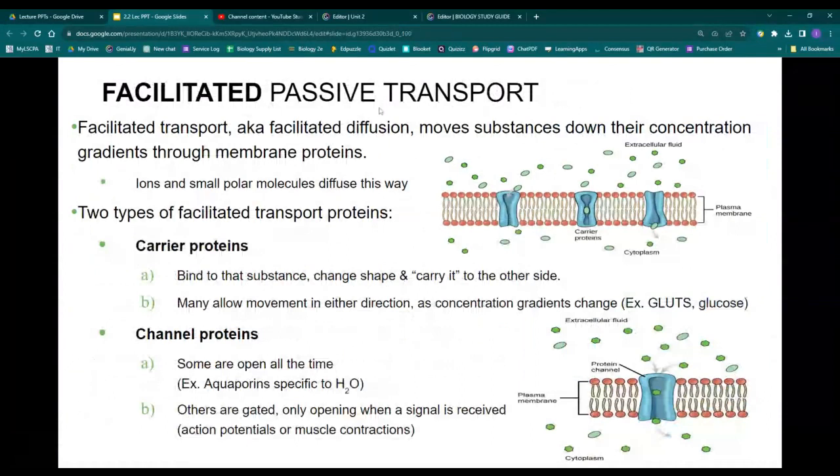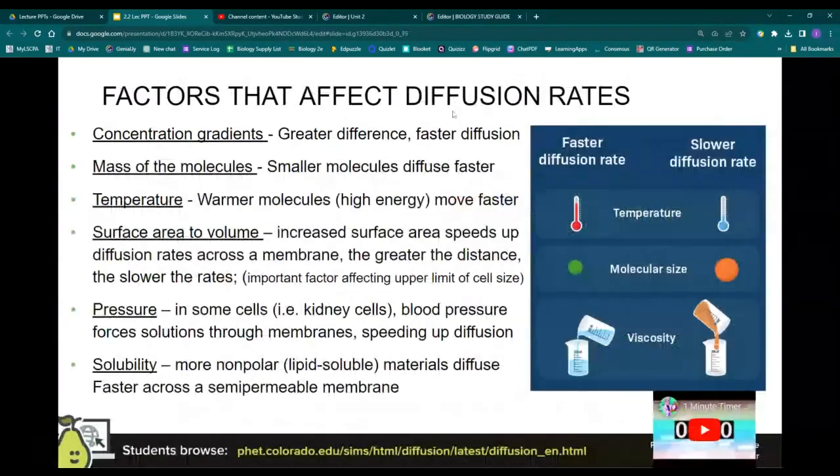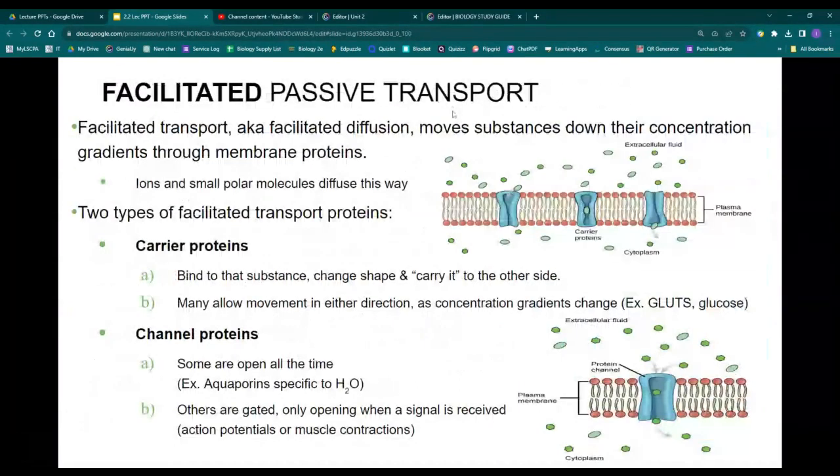the facilitated passive transport. So that was just diffusion, but facilitated transport still does not require any energy, but it does require a protein to help cross the barrier. So this is going to be slightly larger molecules or maybe polar molecules that can't cross directly across the membrane, such as ions.